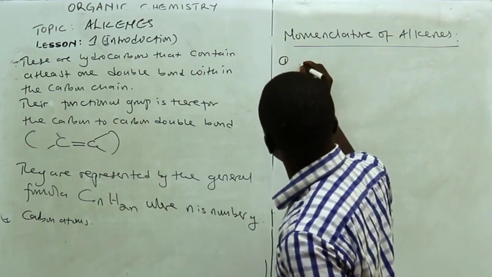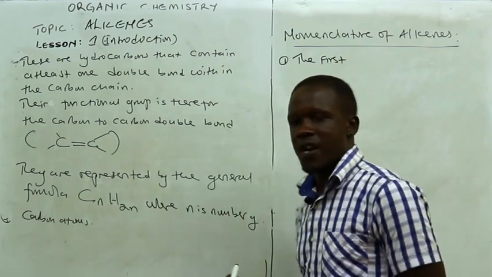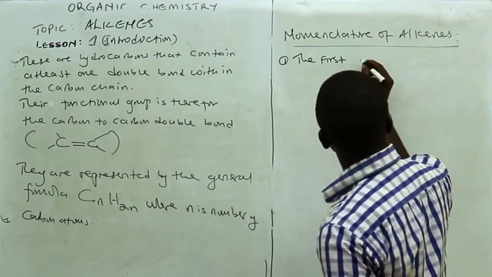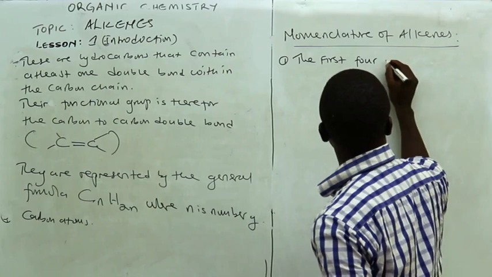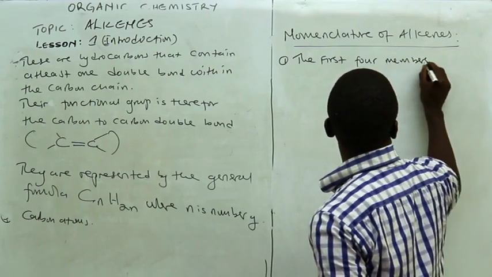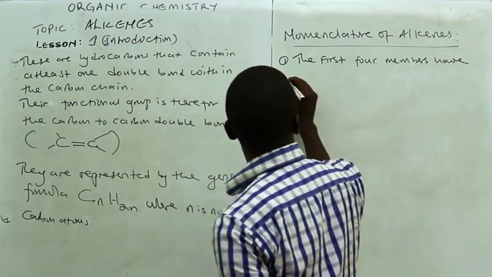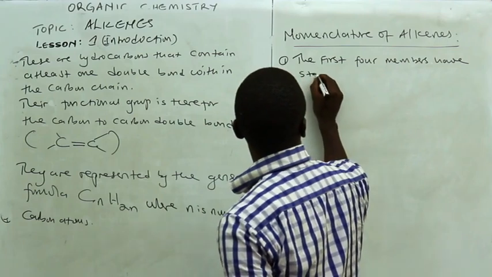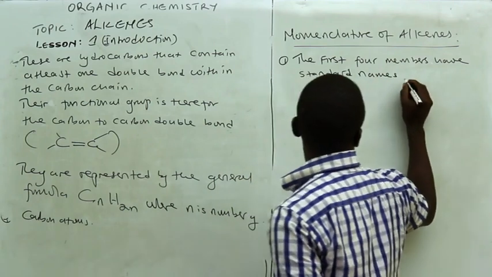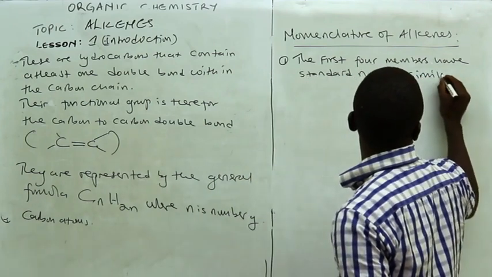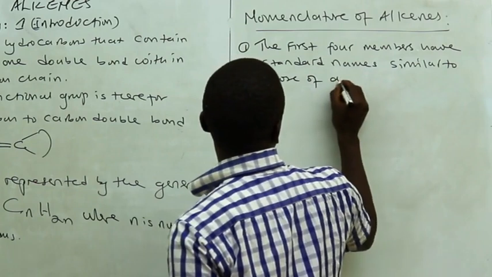Rule number 1: the first four members have standard names similar to those of alkanes.